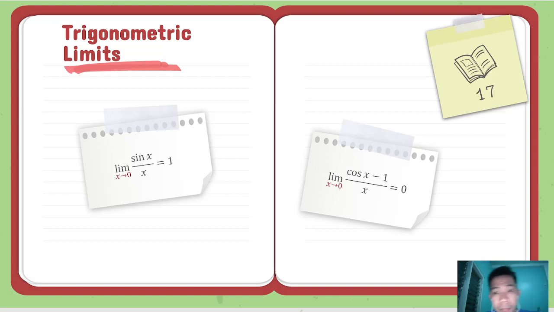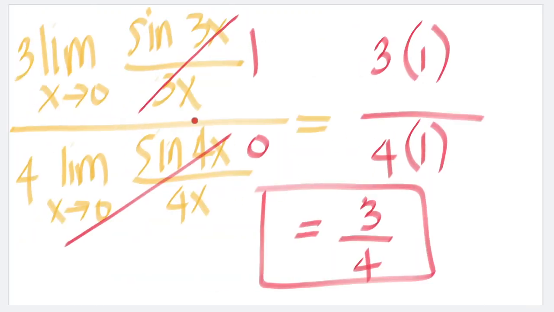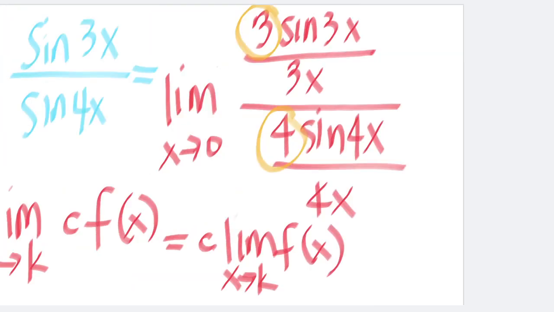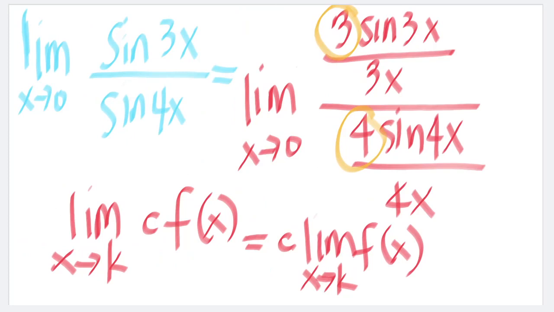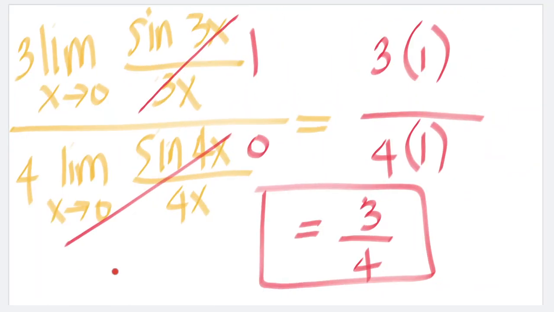Okay. What about the part on cosine? I didn't see that. Let me go back. 3 times the limit of sine 3x all over 3x as x approaches 0.